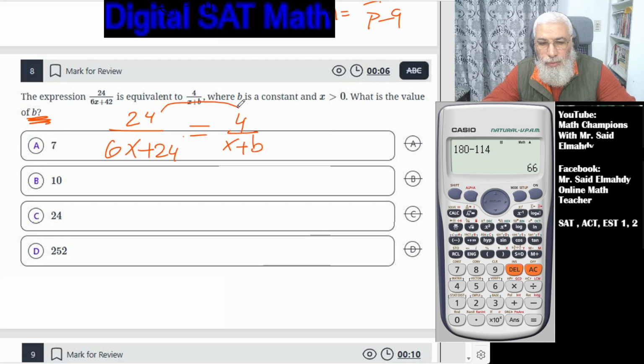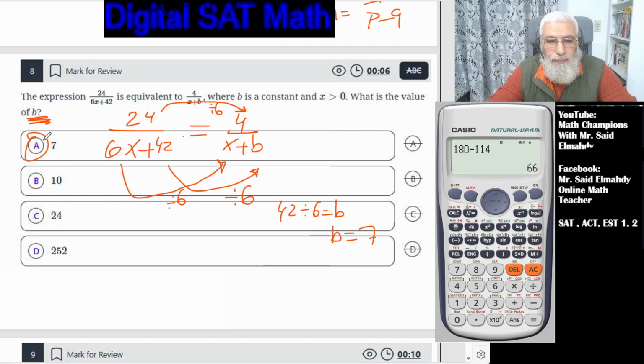The relationship: 24 to 4 is divided by 6. 24 divided by 6 is 4. 6x divided by 6 is x. So 42 divided by 6 equals b. So b is equal to 7, which is the solution.